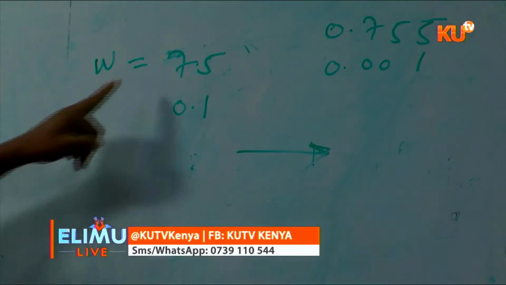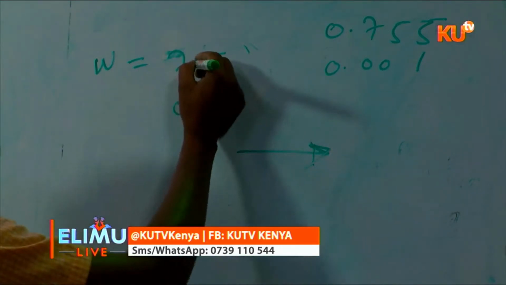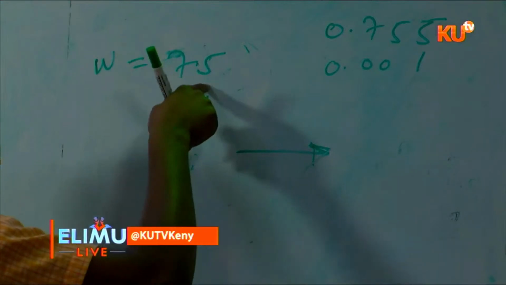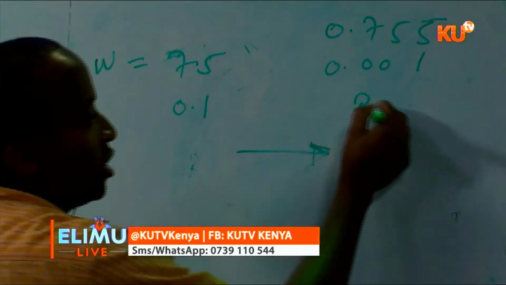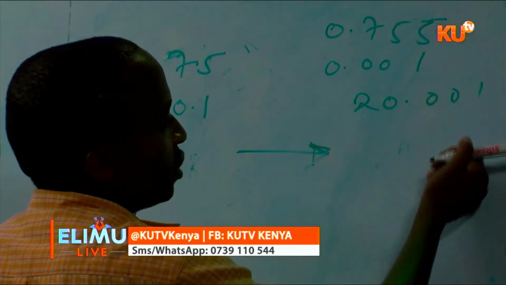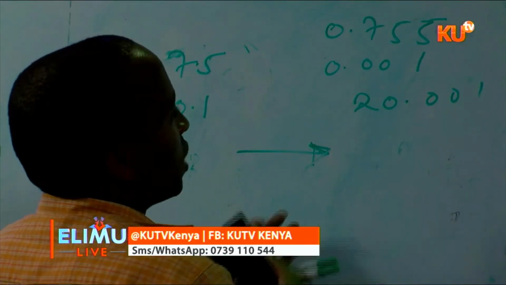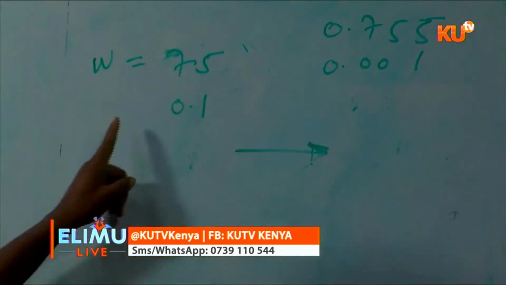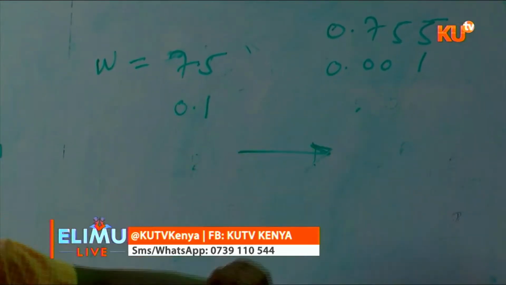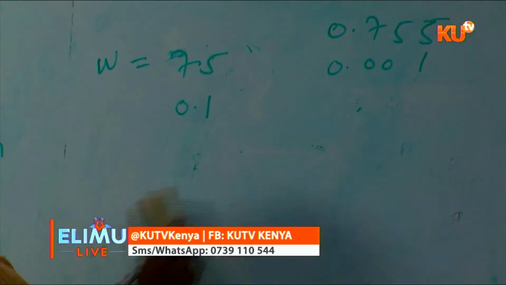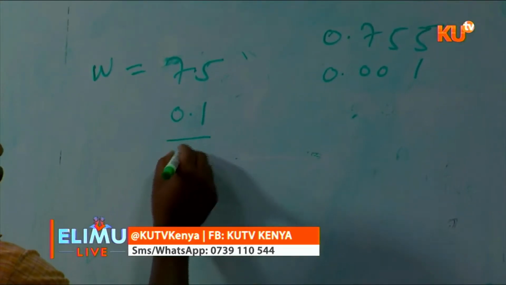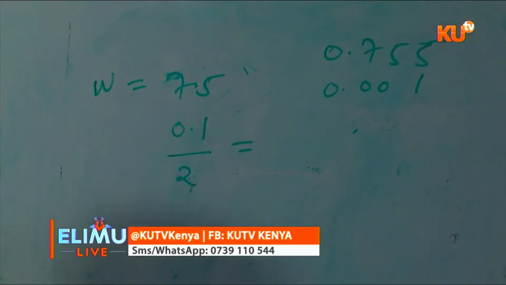So in our case, we have 7.5. The last figure after the point, you just put 1. Are we together here? If it was like 20.001, it will be the rest. So our measuring unit here is 0.1. You take 0.1 and divide by 2 to get the upper and the lower bound.